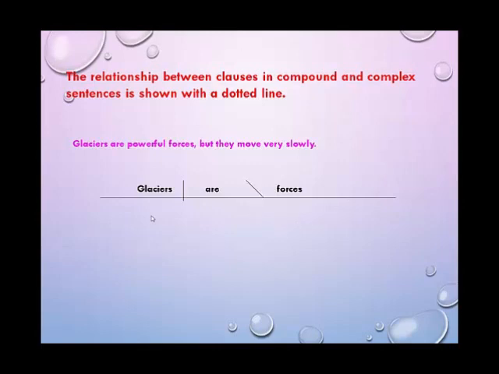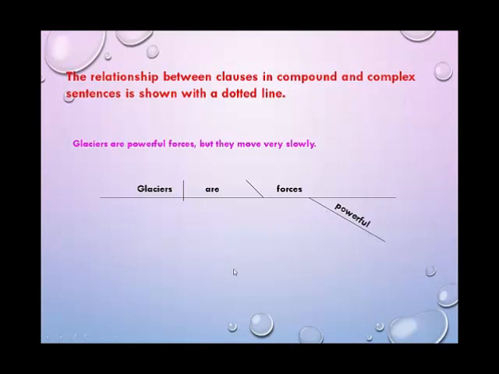Glaciers is the subject, then we draw a vertical line to separate the subject from the predicate, then we draw a line slanted toward the subject, and then the word forces, and the word forces is modified by the adjective powerful, and powerful is diagrammed on a slanted line under forces.